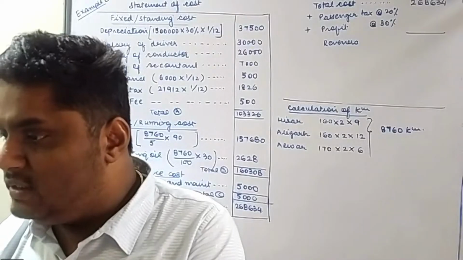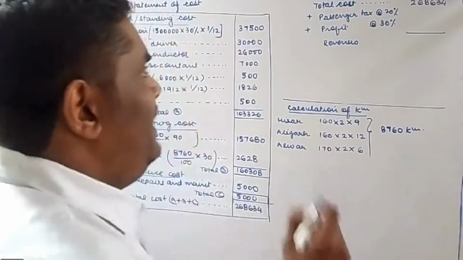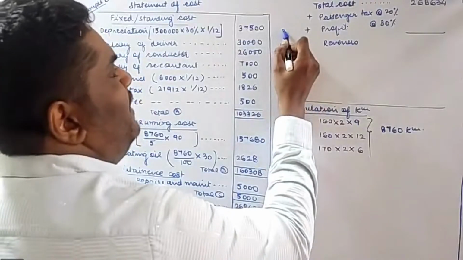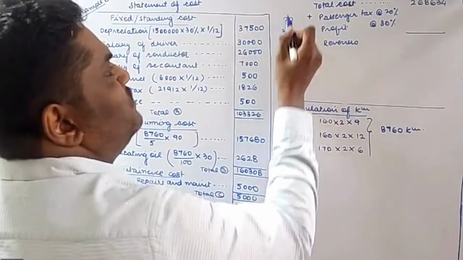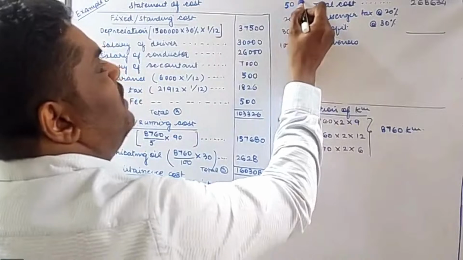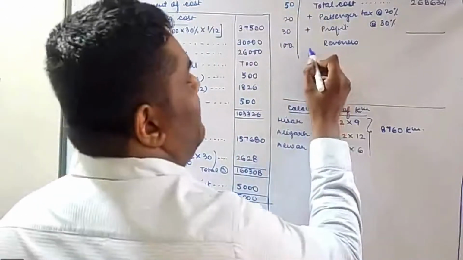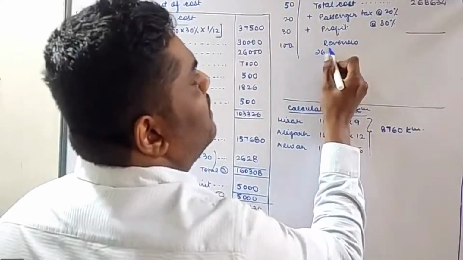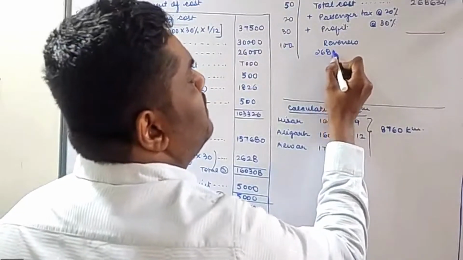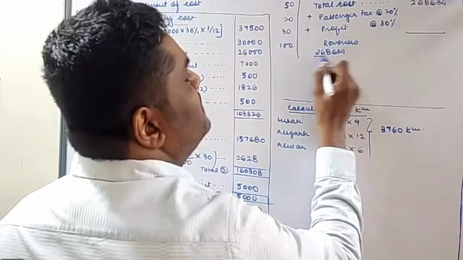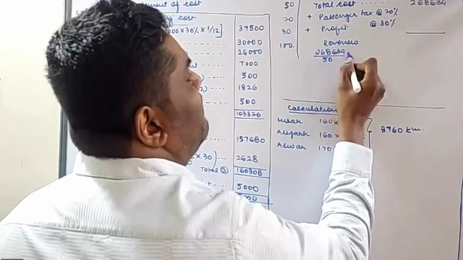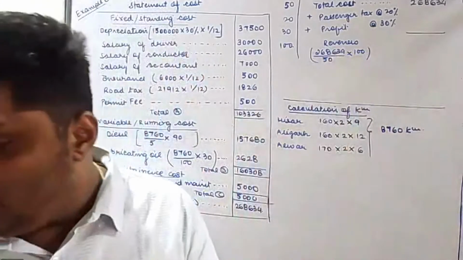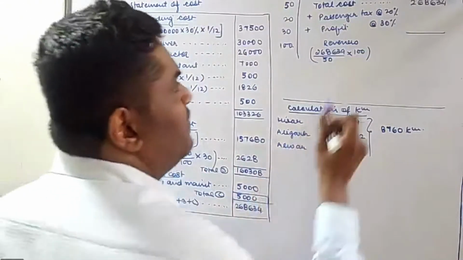Very good, guys. So see, let's assume that the total revenue is 100. My profit is 30. My passenger tax is 20. So my cost will be how much? 50. So my revenue will be how much? See, this cost 2,68,634 is equal to 50. And my revenue is 100. So how much will be 100? 537,268.